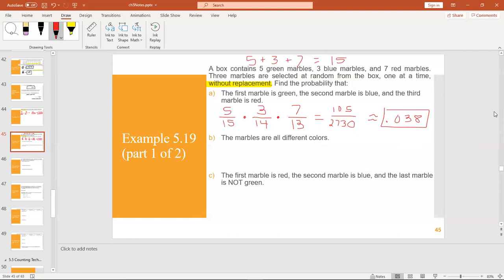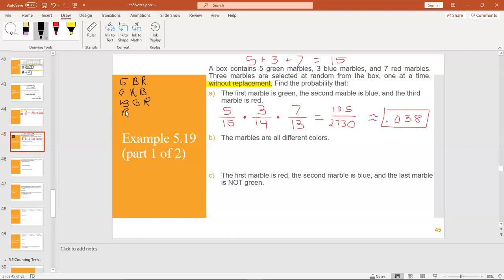What is the probability that the marbles are all different colors? All right, let's think about this. If they're going to be different colors, you could have what just happened. You could have green, blue, red. That's one possibility. You could also keep the green one first, but then switch around and do green, red, blue. That would be another one. You could then have blue coming first. So you could have a blue, a green, and a red.